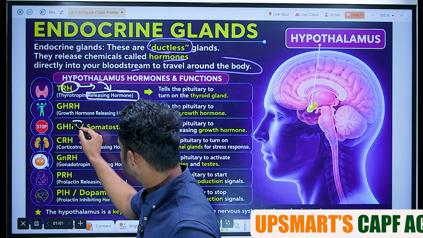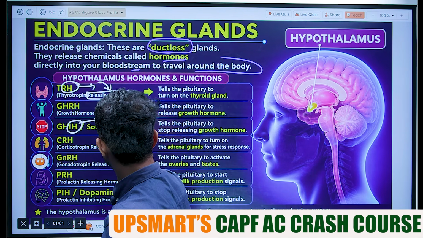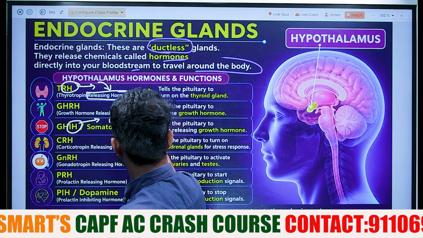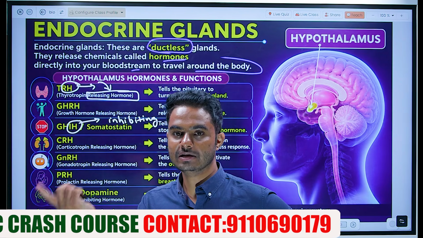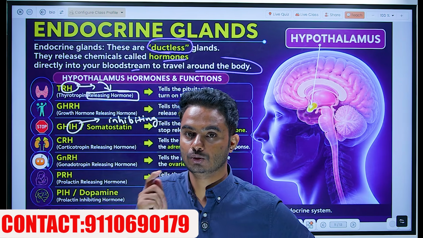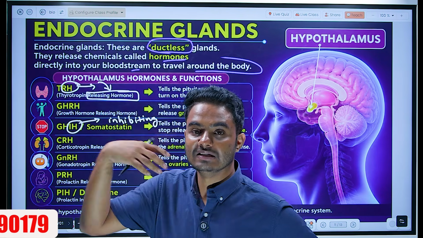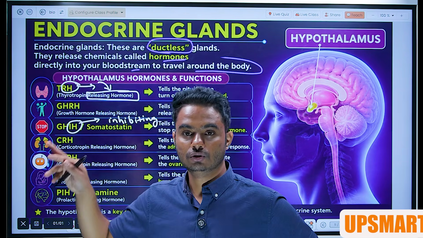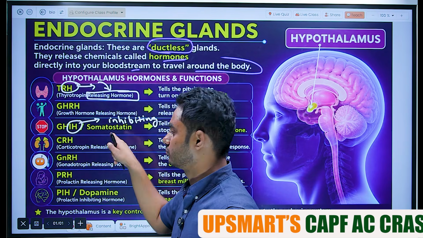Whenever it is IH, it is called an inhibiting hormone. If it is RH, releasing. If it is IH, inhibiting. Releasing means to do a certain function, to start with something, to enhance certain efficiency. That is releasing. And to stop the release, that is inhibiting. Same function, to stop it, it is IH.